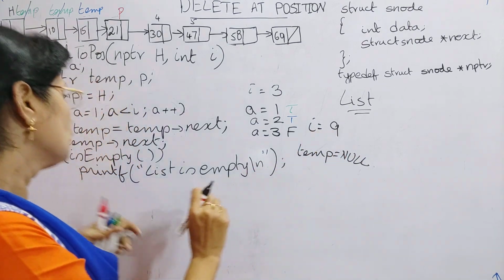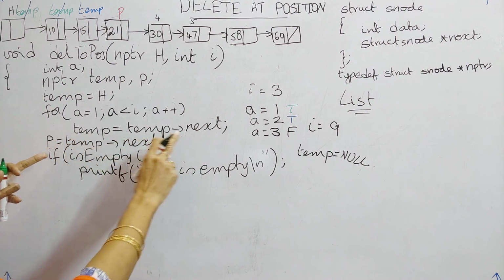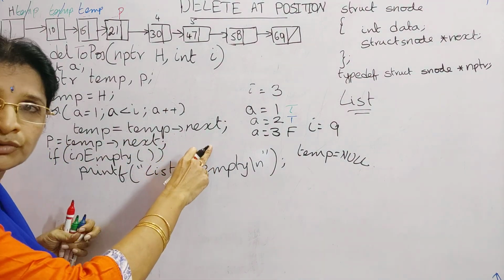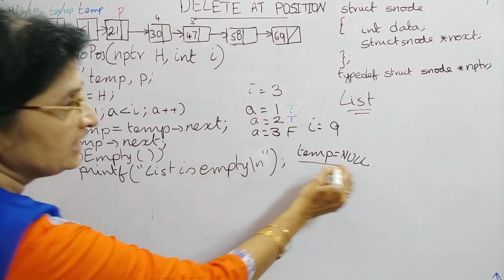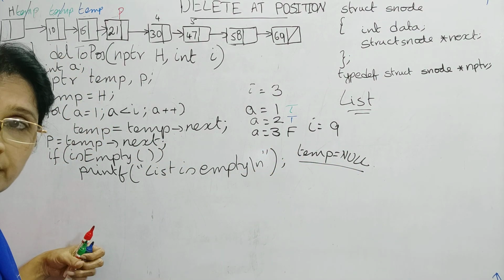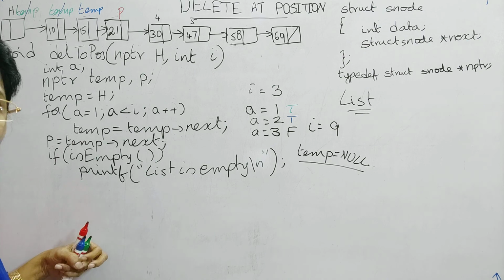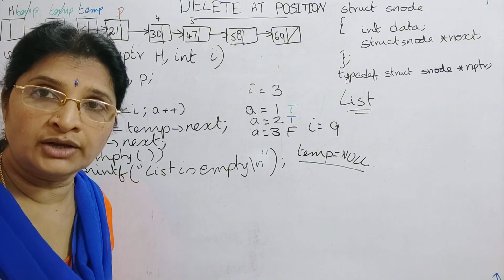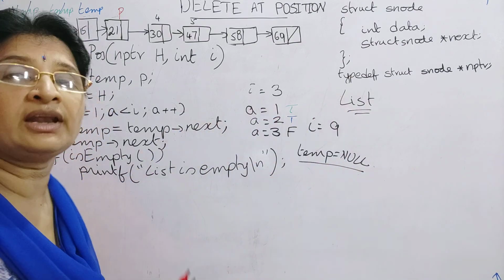So that's why, whenever you are writing this condition, temp is equal to temp next, you have to check the condition whether temp is not equal to null. If temp is equal to null, it means you have asked to delete a node that has exceeded your list.